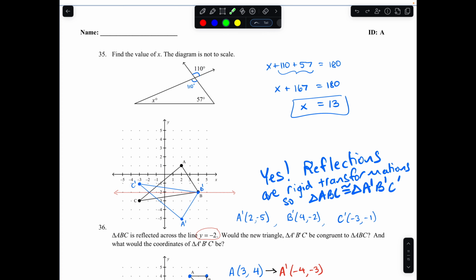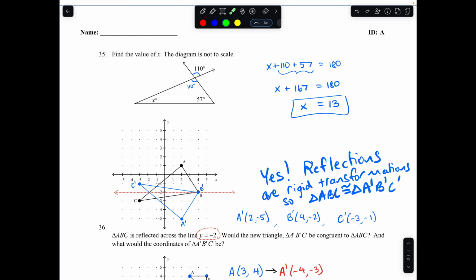Well, yes, it would, because reflections, we learned, are rigid transformations, and so are translations or rotations. And you can combine multiple transformations, multiple reflections, translations, or rotations, and your end result will still be congruent. So yes, they will be congruent.